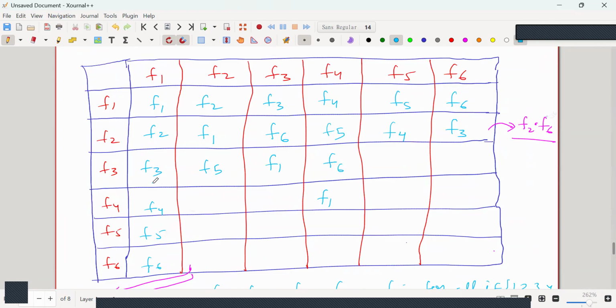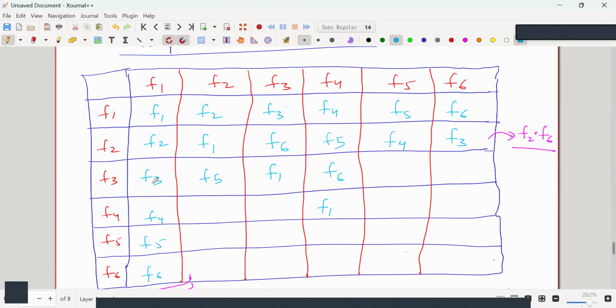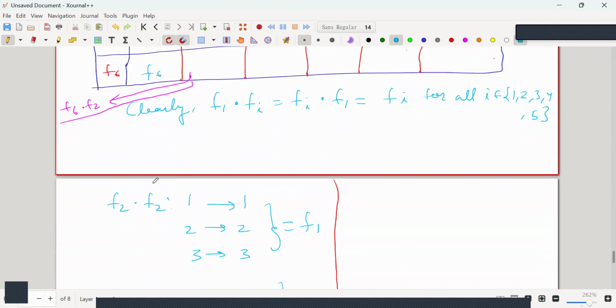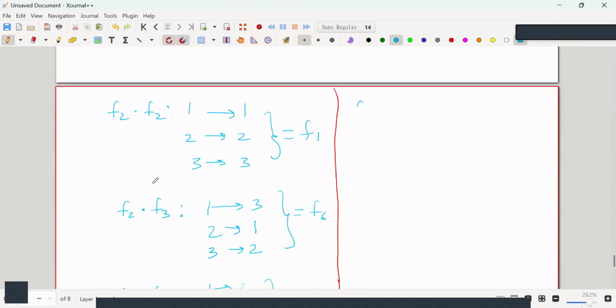And what is F3 times F5? I'm going to do this. Let me just write here. F3 compose with F5 will map 1 to 2, 2 to 1, and 3 to 3.